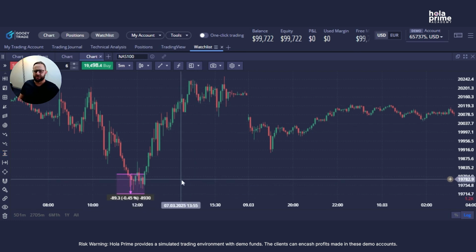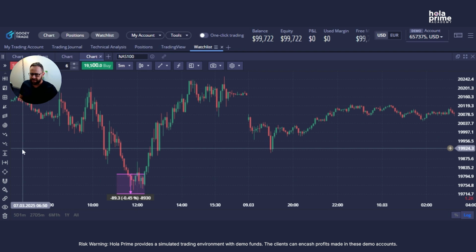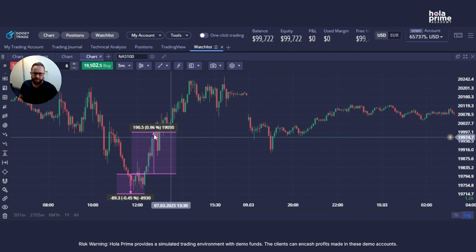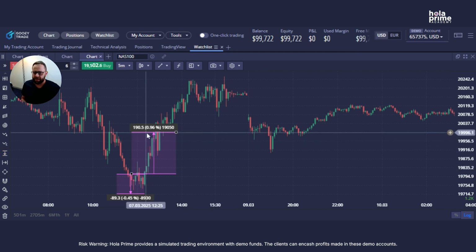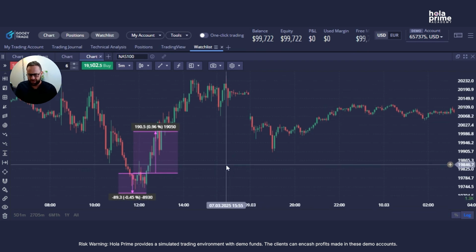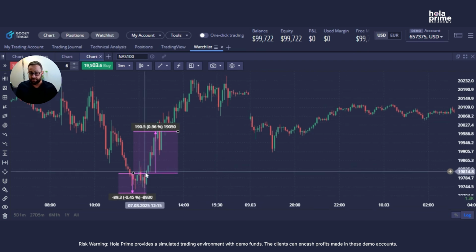Now, double that, if you aim for a 1 to 2 risk ratio, would be 90 times 2, which is 180. So if I go and grab my range tool again to the upside, 190 ticks would be roughly around about there, right? So price very, very easily in this situation reached 190 ticks, or double what you initially risked on the trade, assuming that you got in really close to the bottom.